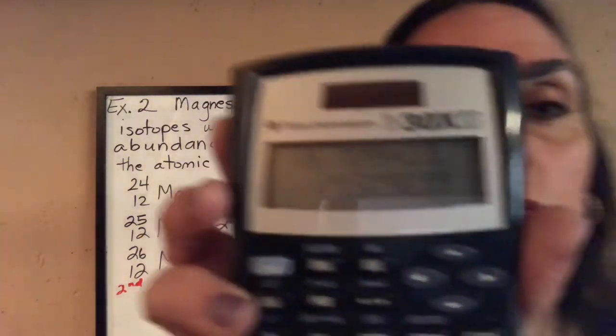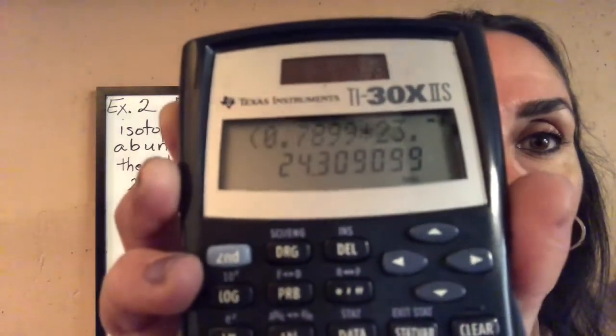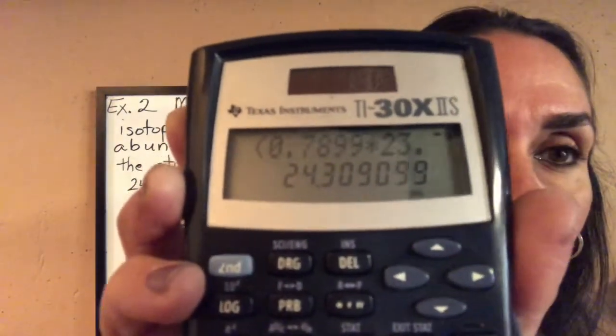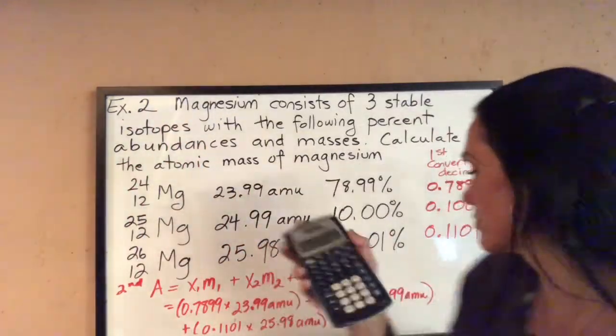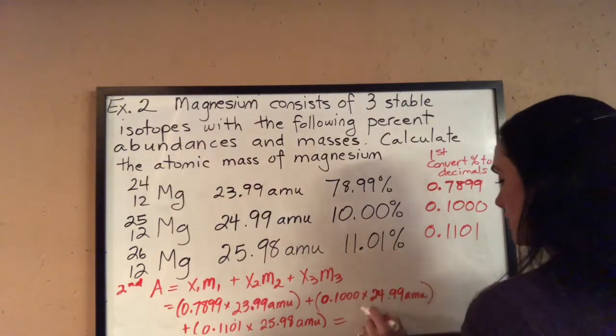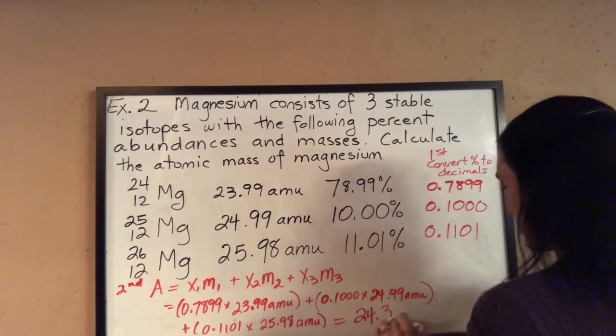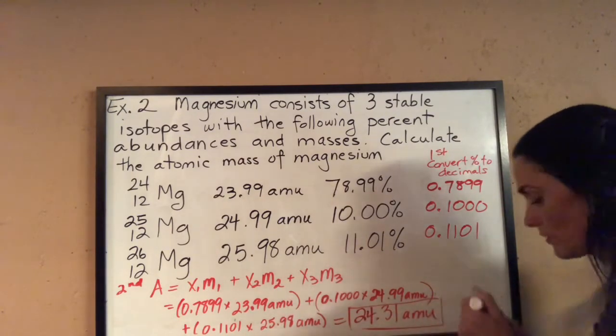Okay, so you initially get this answer, 24.309. Okay, you get this non-terminating decimal. So we round to 4 significant figures. So that would be 24.31 atomic mass units. All right, for 4 significant figures.